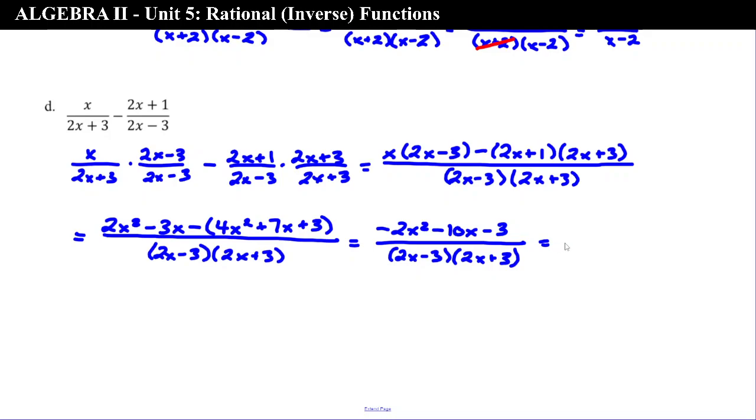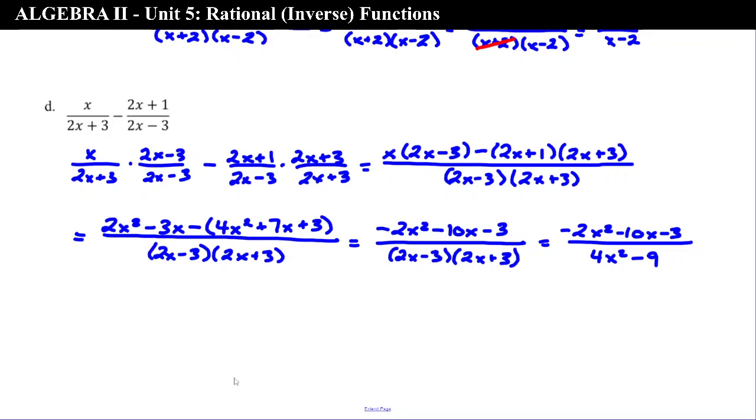And we'll go ahead and expand out the bottom. So negative 2x squared minus 10x minus 3 over, that's going to be 4x squared minus 9. And that would be our final answer here.